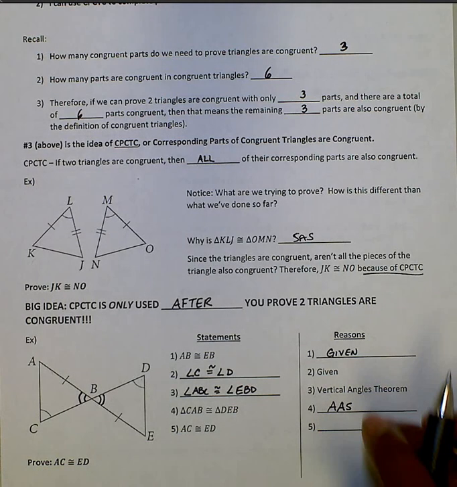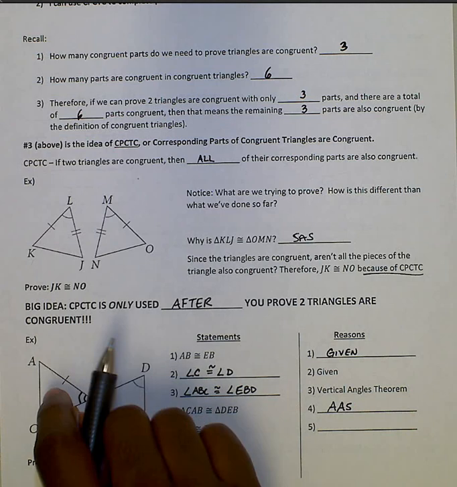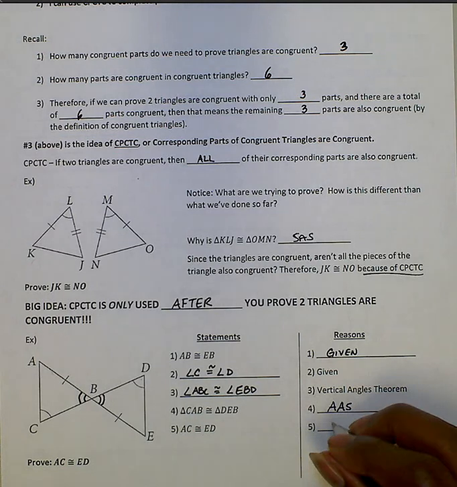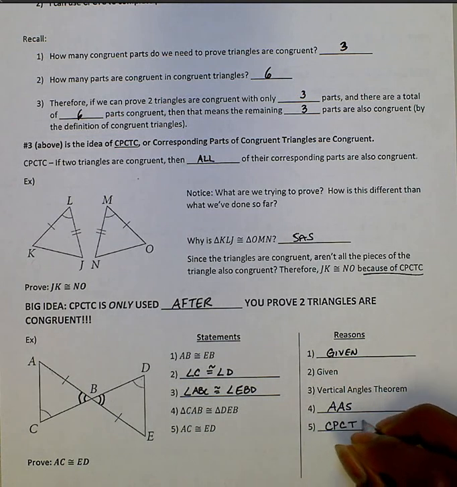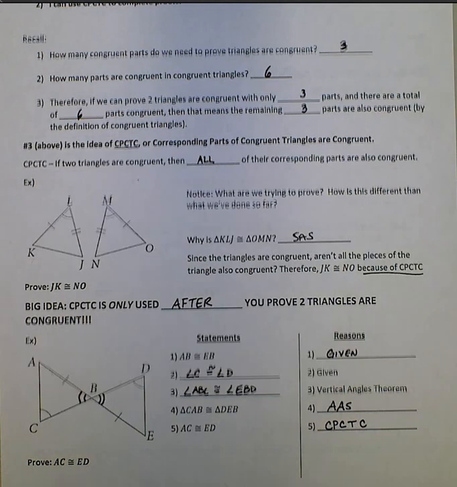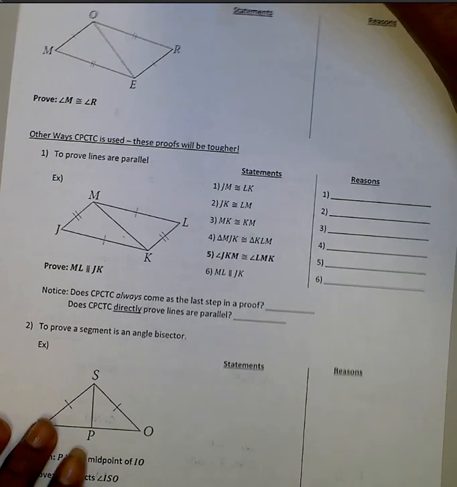And now that I know that these 2 triangles are congruent to each other, then I can say, hey, AC is congruent to ED because corresponding parts of congruent triangles are congruent, or CPCTC. Alright, so that's CPCTC. That's one of the ways that we can use it. Let's go on and practice that in another proof.